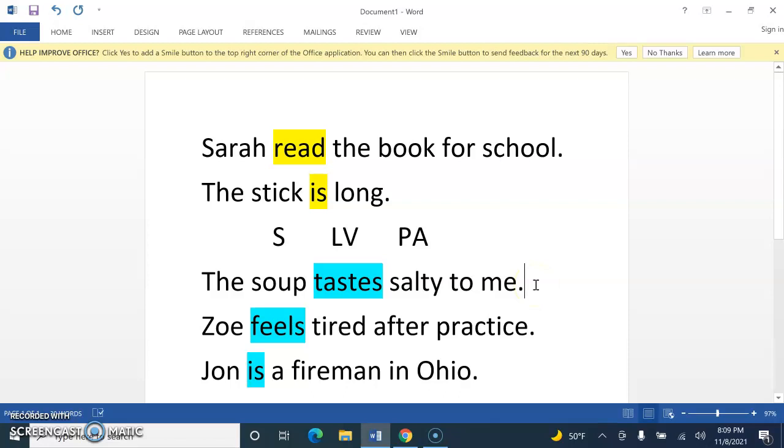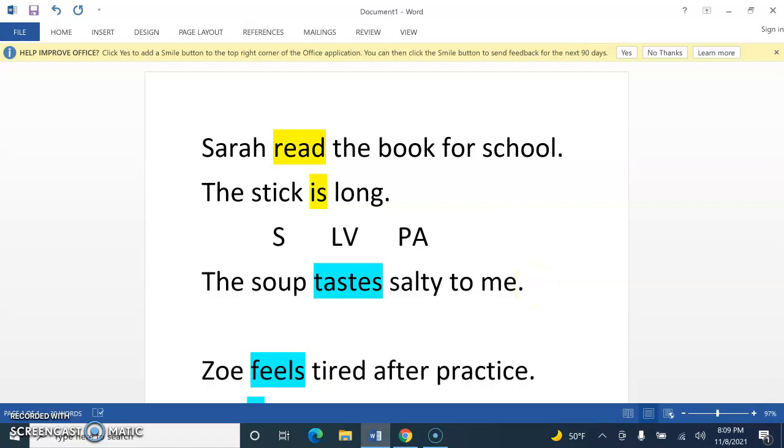Let's go down to this sentence. You have Zoe. Zoe is the subject of our sentence. And then feels, again, we said is a linking verb. And tired is our predicate adjective.